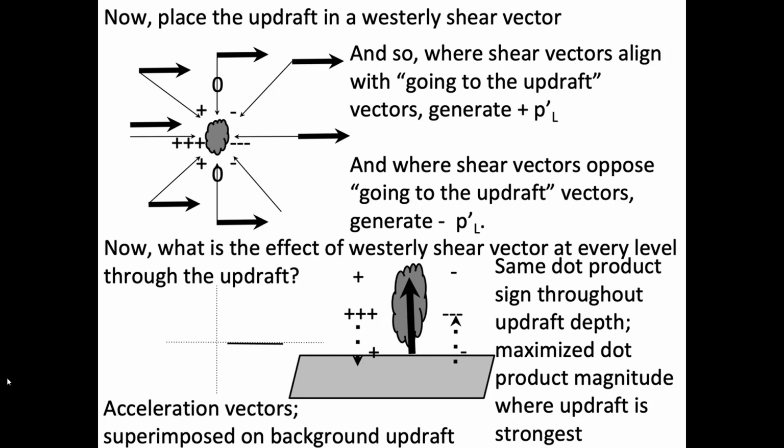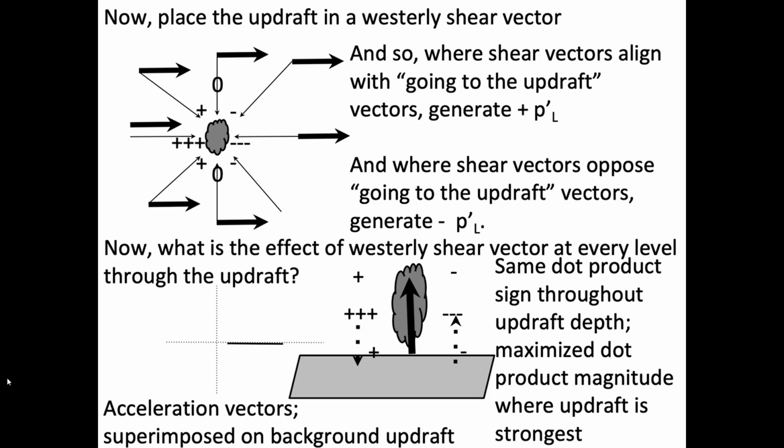So again, with our westerly shear profile, that's going to result in up shear positive linear perturbation pressure effects, and down shear negative linear perturbation pressure effects. Those effects are going to, again, maximize at the level of maximum updraft, where that dot product is going to be maximized.